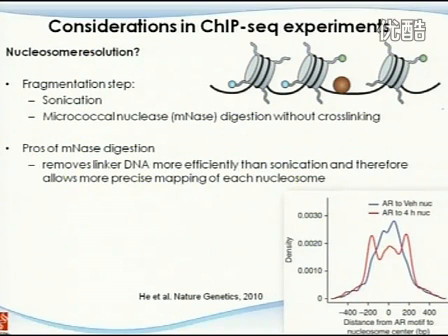Initially, people didn't think that was a big deal. They said it really doesn't matter, I can do 200, 300 base pair resolution. Well, yes, that person is right. However, if you get down to 1 nucleosome resolution with this type of treatment, it will allow you to study things that lower resolution cannot offer.